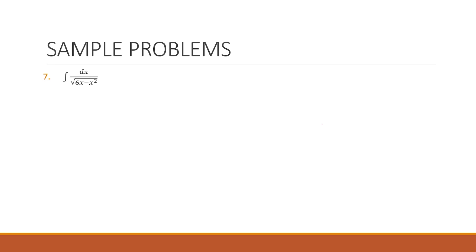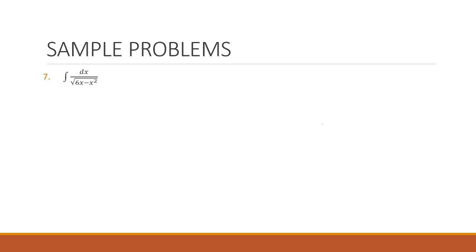Kasi that's usually the case, 'di ba? That's the requirement kumbaga for inverse trigonometric functions na mga formula. In this case, we have the quadratic term and the linear term. Okay? So, missing ang constant term.